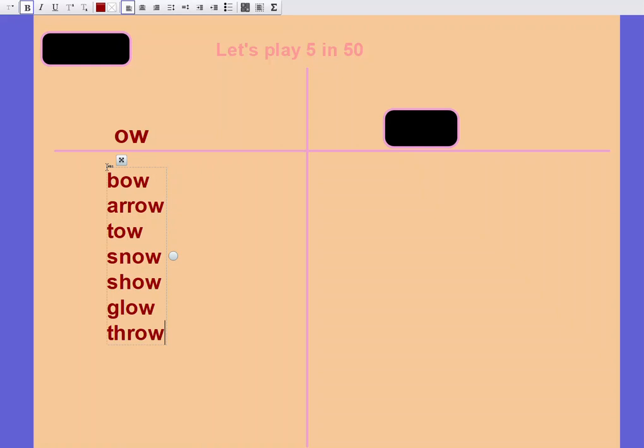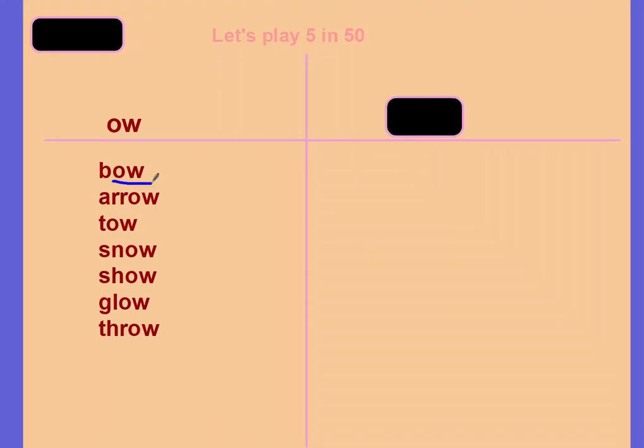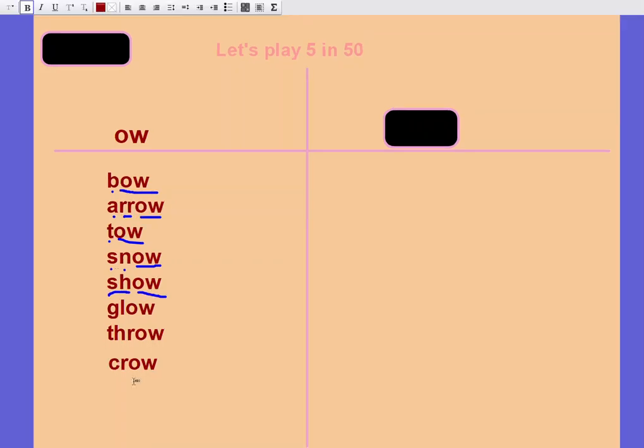These are all words with the O sound at the end of them, O being spelt with the digraph OW. So B, O, A, R, that's a digraph because it's double. Arrow, T, O, Sn, O, Sh. Any words that rhyme with these are probably spelt with the OW.